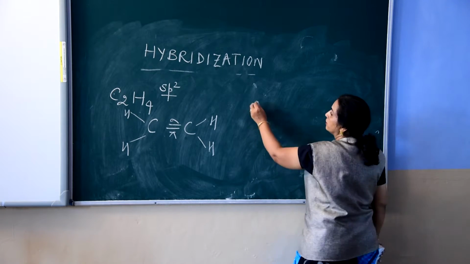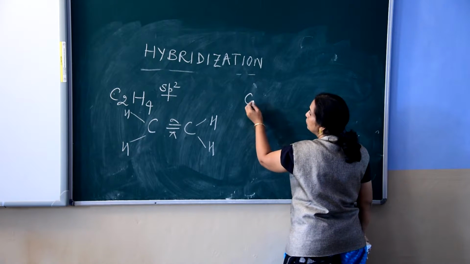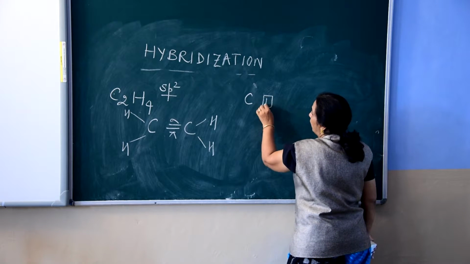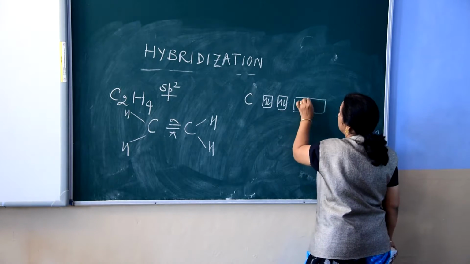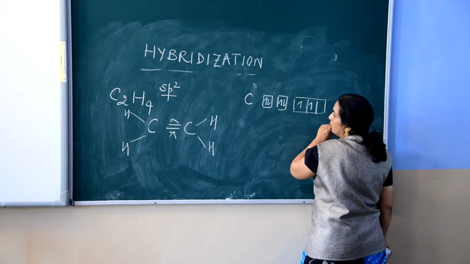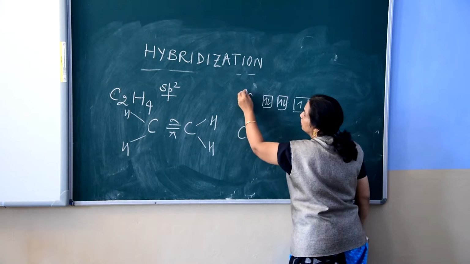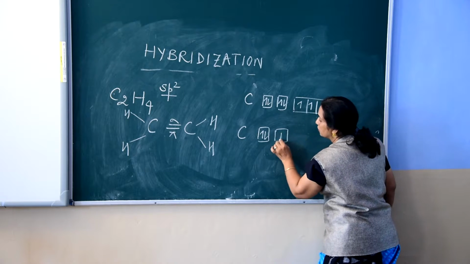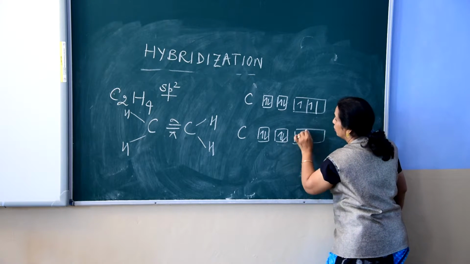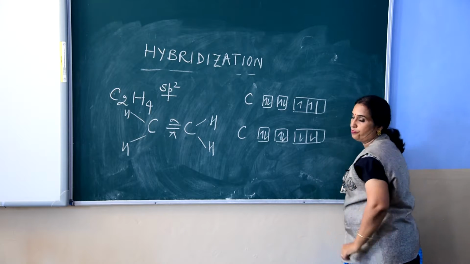When we try to see its structure, carbon in the ground state is 1s2, 2s2, 2p2 for one carbon, and for the other carbon 1s2, 2s2 and 2p2.